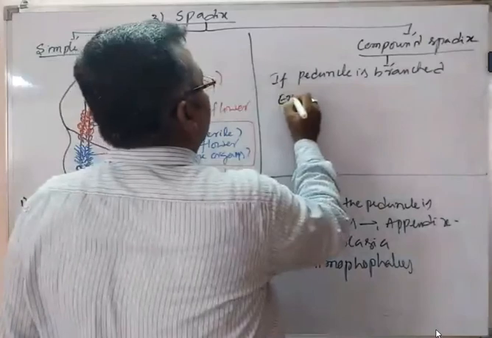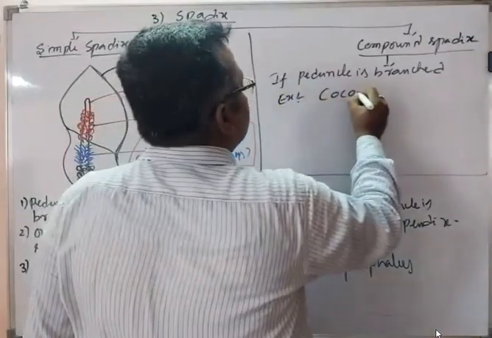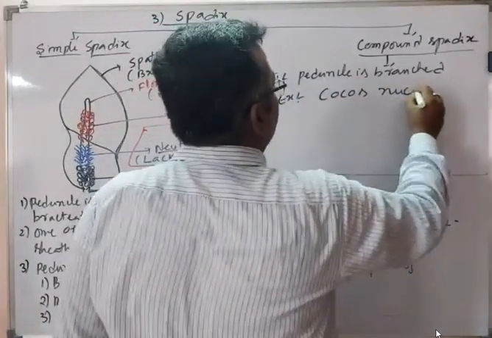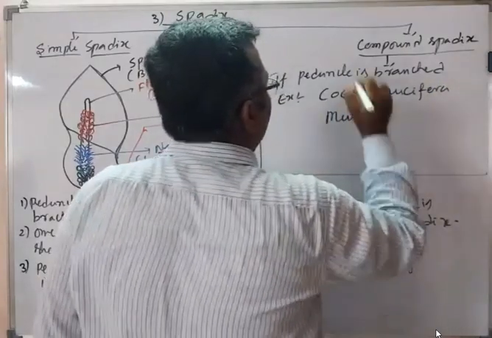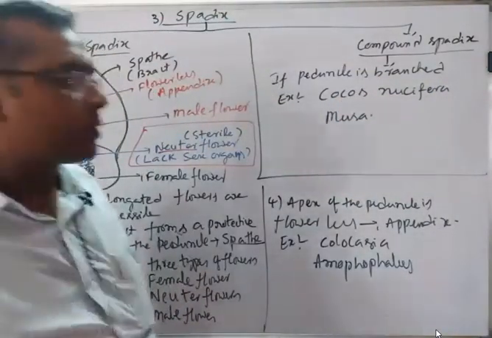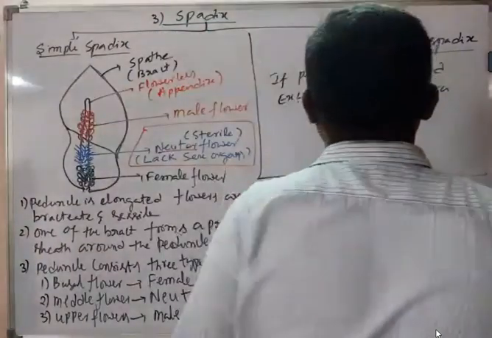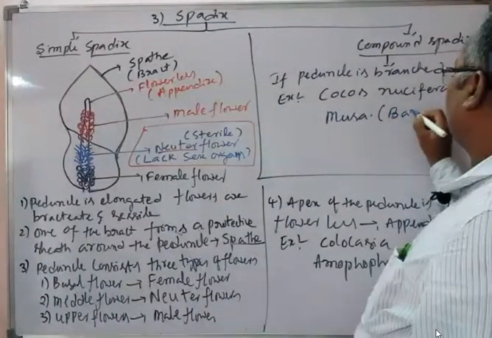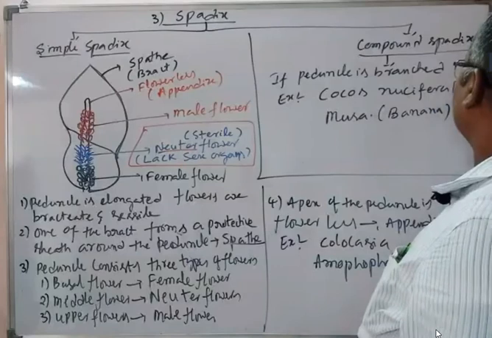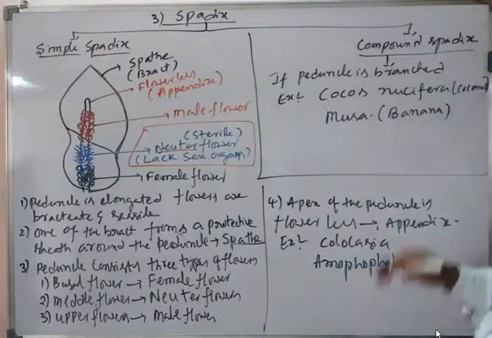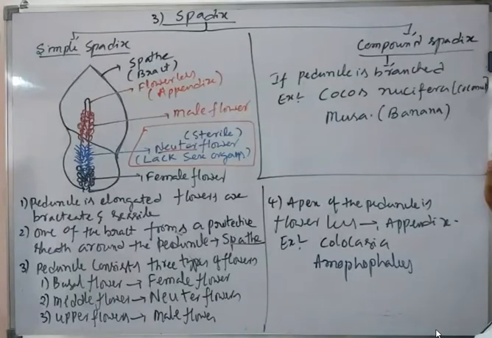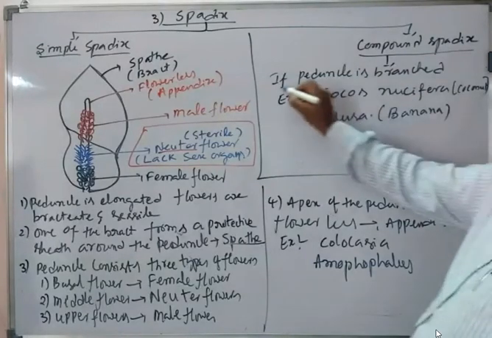Example, Cocos nucifera, Musa. Musa means banana. Cocos nucifera means coconut. These are the examples. Here the peduncle is branched.